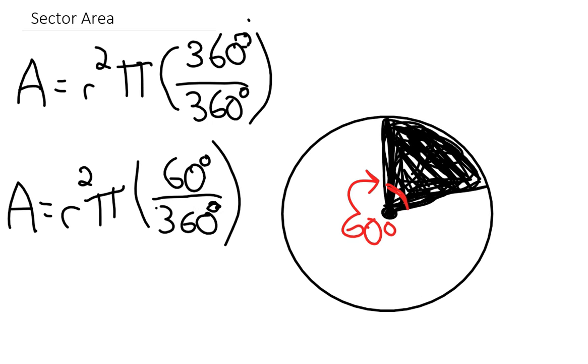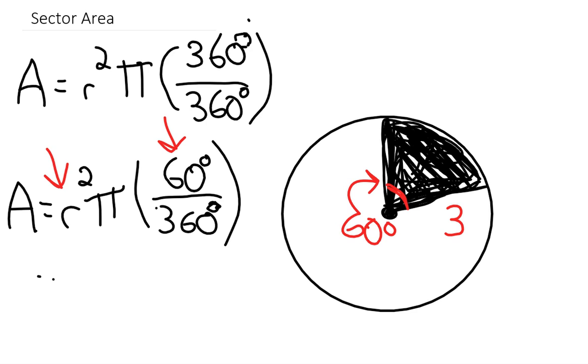The only other thing I'll need with this problem is a radius, and for the time being, let's say we've got a radius of 3. So now I have everything I need. I've got my degrees, which is 60 degrees, and I can now plug in my radius.